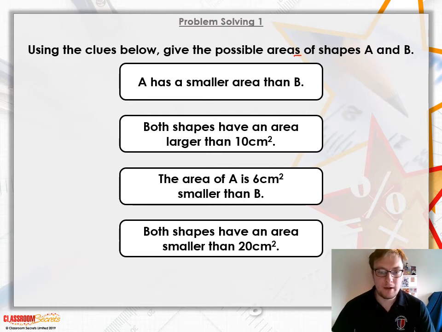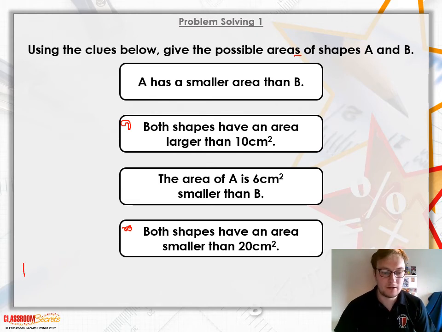But I'm going to start with this clue here and this clue here, because it tells me the range of where the areas are going to be. So the possible areas these shapes could be are between 10 and 20, but it's not 10 or 20, because it's smaller than 20 centimeters squared and larger than 10 centimeters squared.